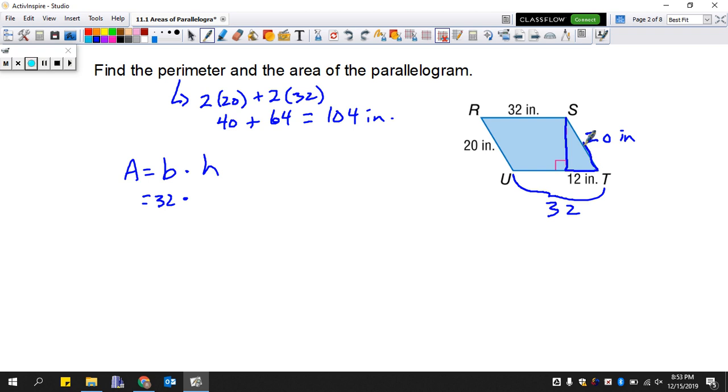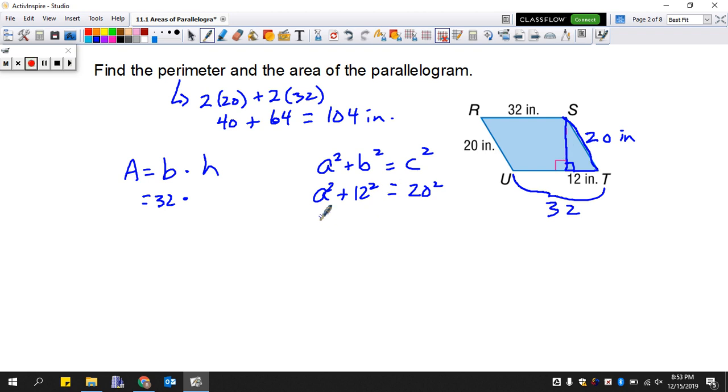Whenever we see a right triangle, we can use the Pythagorean theorem: a squared plus b squared is equal to c squared. Remember, a and b are the legs which form the right angle, and c is the hypotenuse. So c is 20, a is what we're looking for, so a squared plus 12 squared is equal to 20 squared.